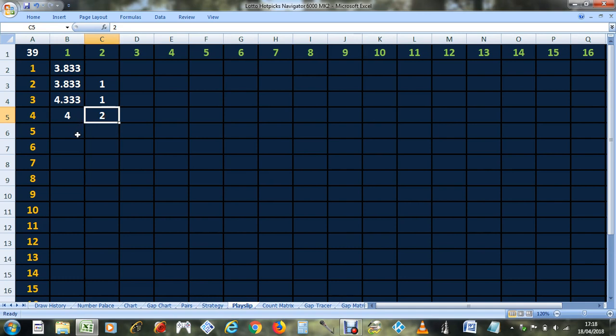And that leaves us with a chart that now looks like this. Now if you add up all these numbers, all the white ones, it will add up to 59.